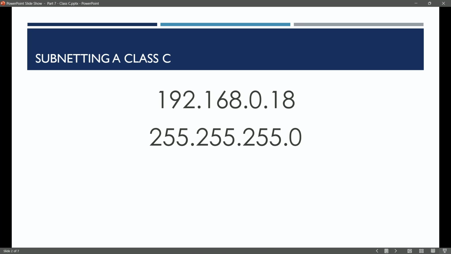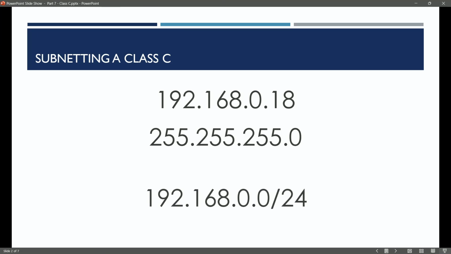Here it is. It's that kind of famous address for our series that I got off my laptop, 192.168.0.18, with a standard, classic, natural, default subnet mask of 255.255.255.0. Let's think about prefix notation for a moment, and let's get rid of my .18 host address from my laptop.